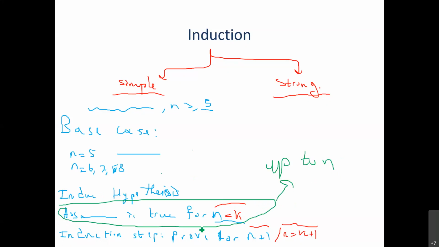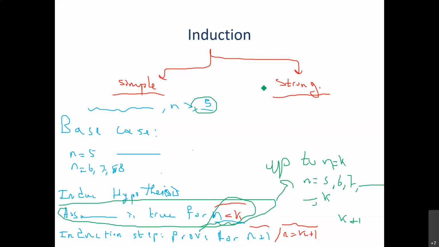This one is saying it's only true for n equals k. Here we're saying it's true up to n equals k. So you're assuming, for n equals your minimum, let's say 5, 6, 7, etc., all the way up to k, this is all true. You just want to prove it for k plus 1.